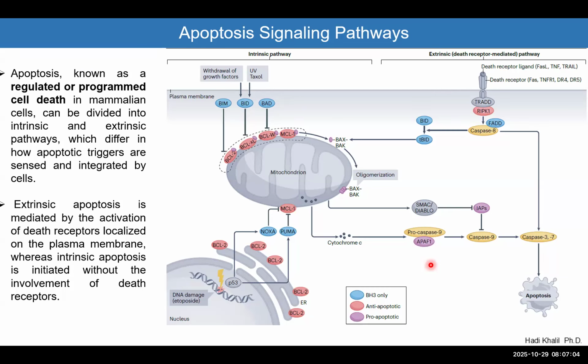I need you to know what the components are. Okay, I'm not going to ask you what is BAK, B-A-K. Can you write what is BAK? I'm not going to ask you that because it's a BH3 member, but in terms of function, I will ask you what is the function.